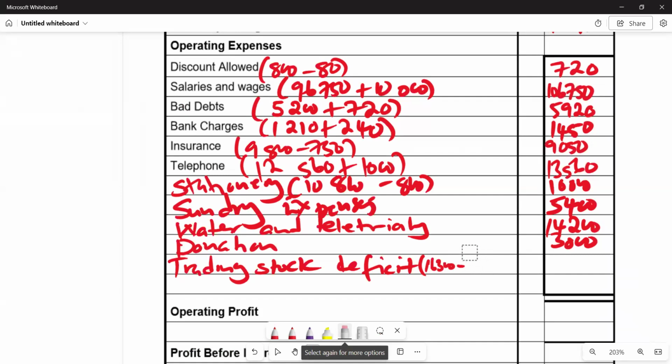Let's just try to see. Okay, we can just put it in full. There's no problem. We can put it in full by saying 600,000 minus 1,200. This is the figure that we calculated there.